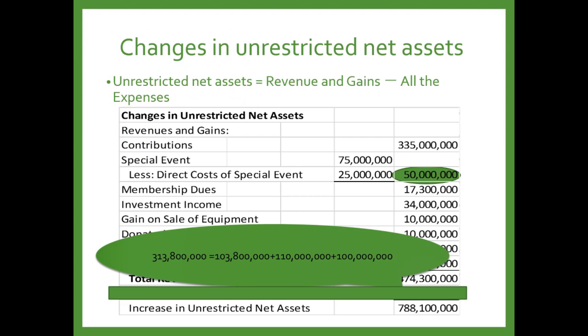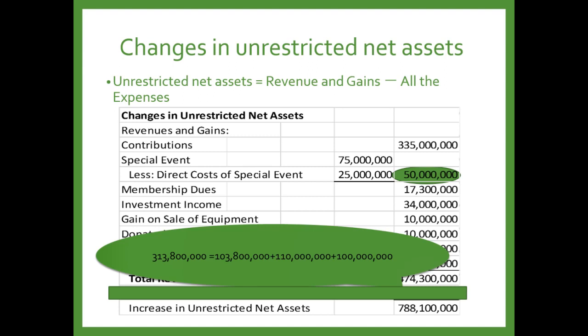Finally, we have to calculate that ever elusive net assets released from restrictions. What we're looking for are any items that were temporarily restricted that now are released. So in order to find those, you want to flip the page and look at that top paragraph where it begins talking about what happens with some additional funds.